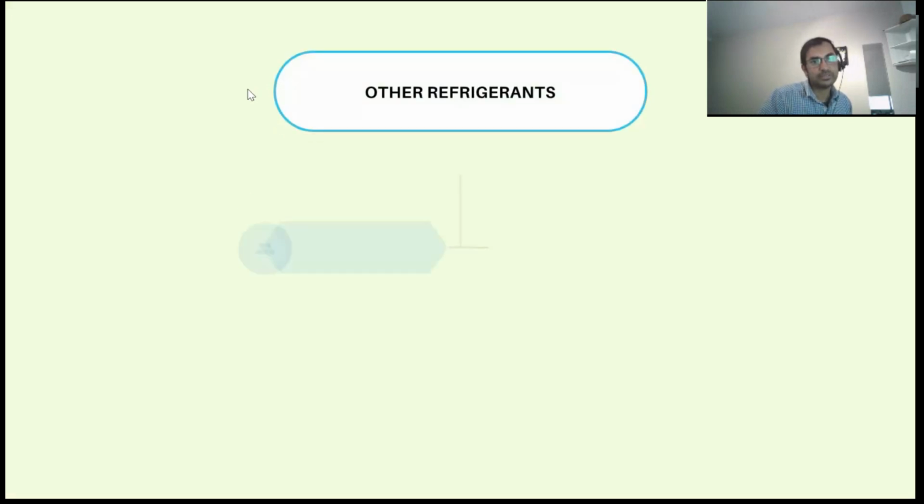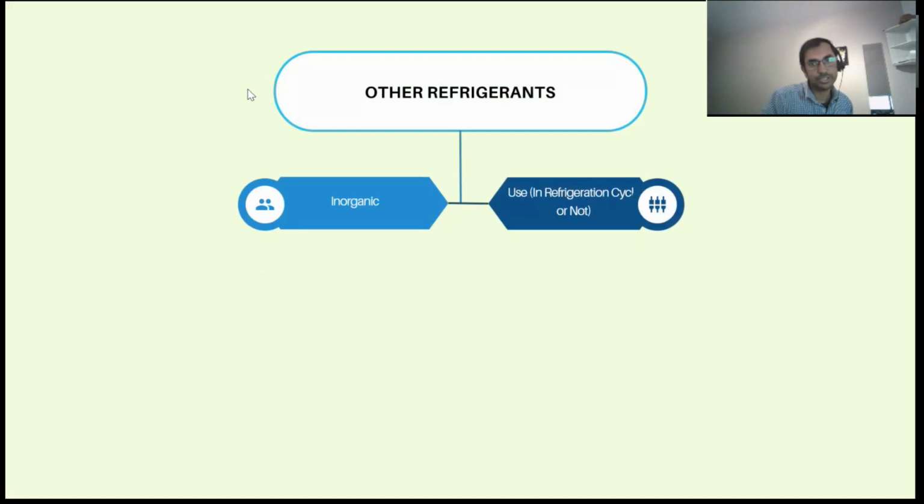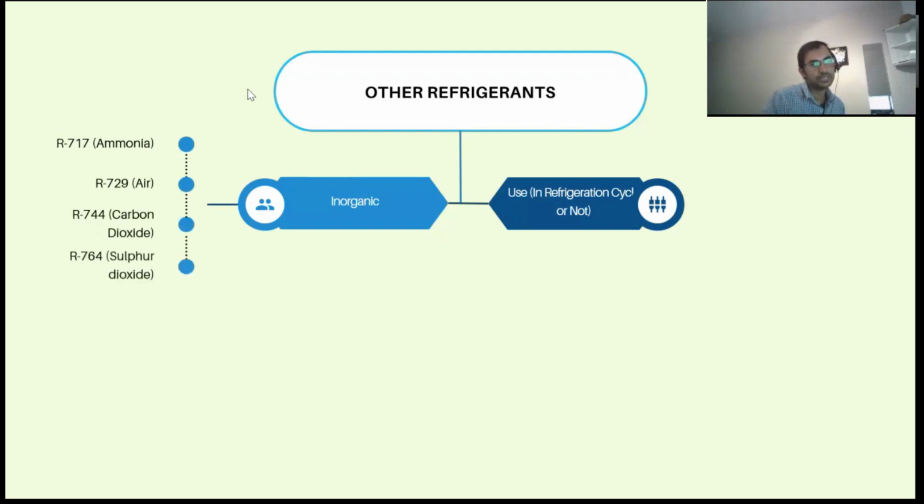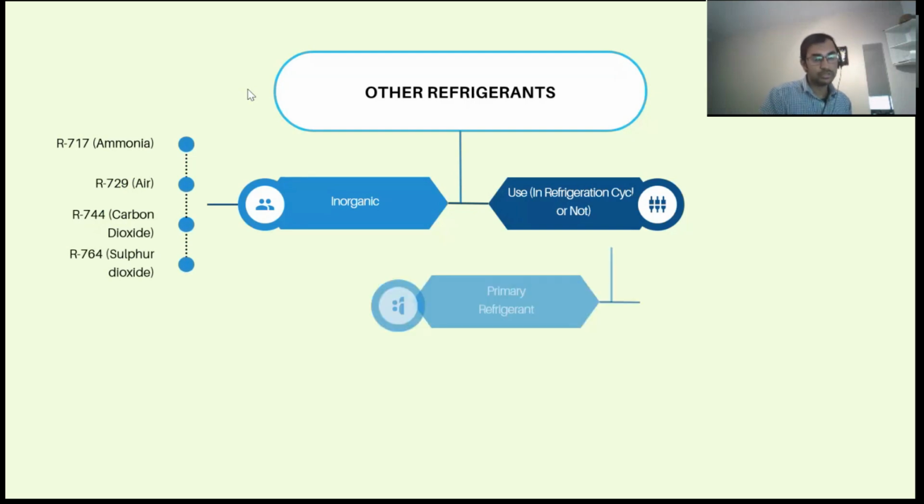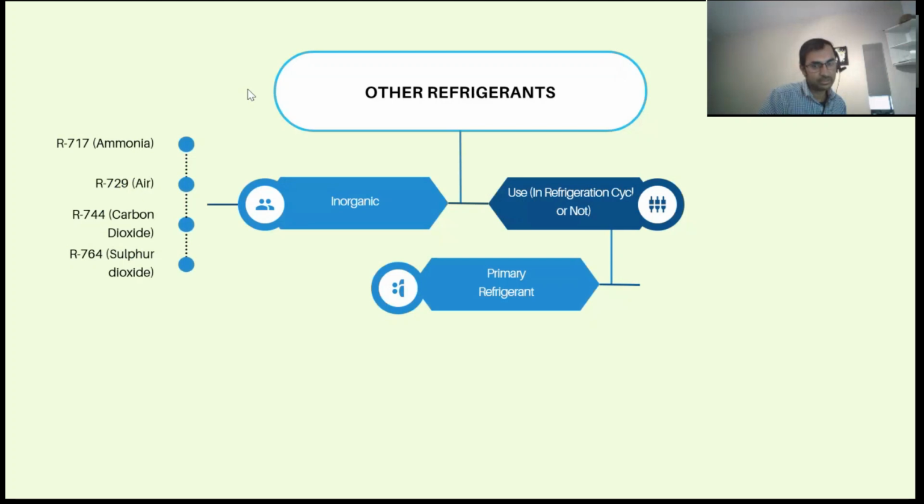Other refrigerants are inorganic refrigerants, and classification based on use in the refrigeration cycle. Inorganic means ammonia R717, air R729, carbon dioxide R744, and sulfur dioxide R764. Based on the use, it is a primary refrigerant or a secondary refrigerant.